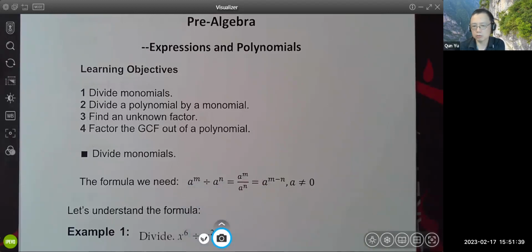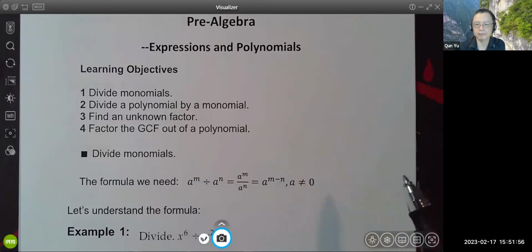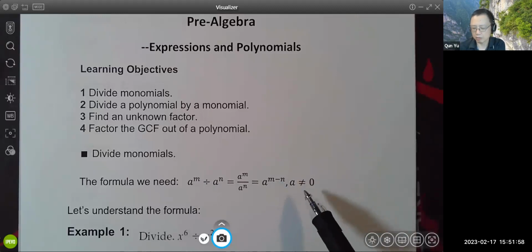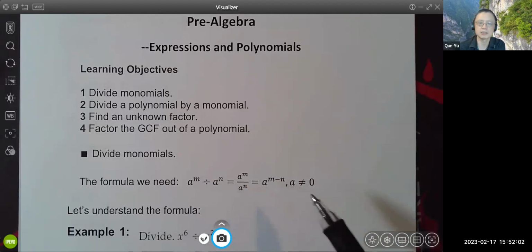These exponents don't have to be different, but generally speaking, usually they are different. As a result, you still have the same base, and the exponent is the first exponent subtract the second one. Apparently, our base cannot be 0 because you cannot divide by 0, right?